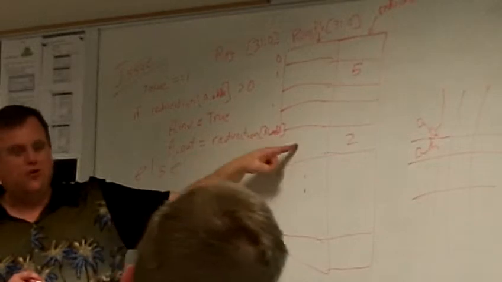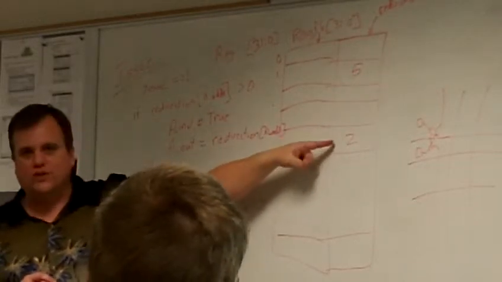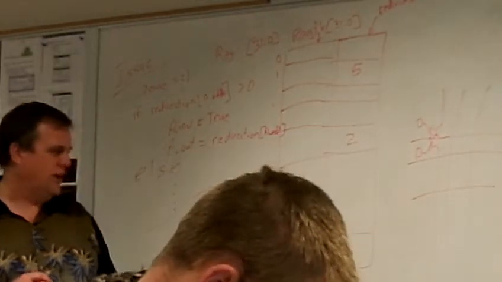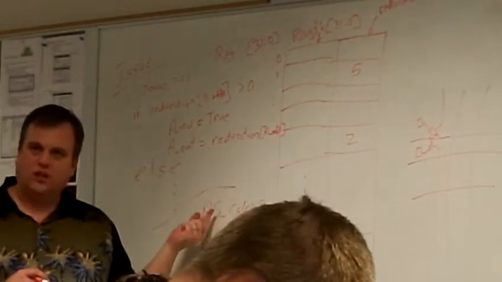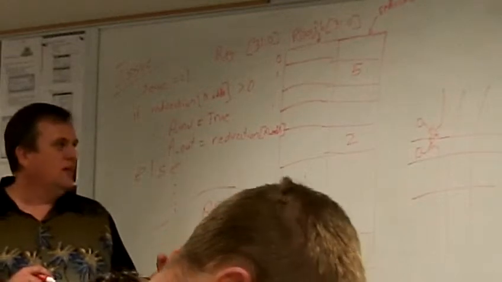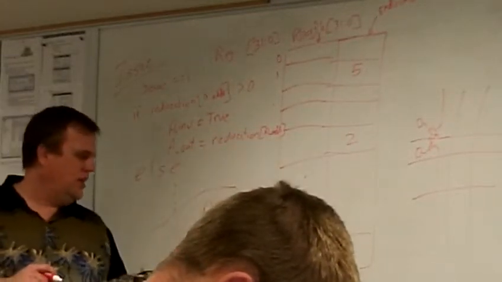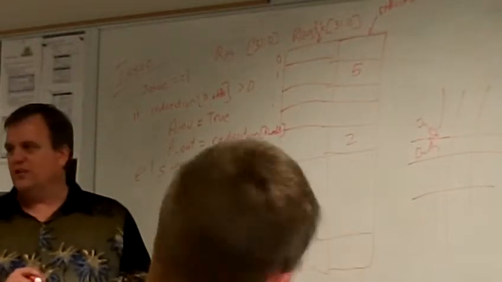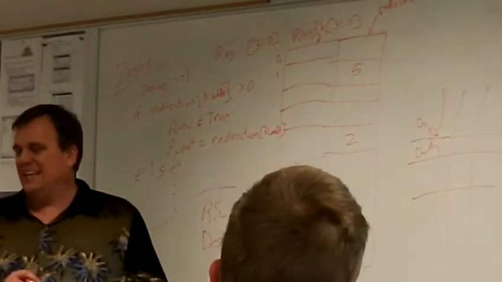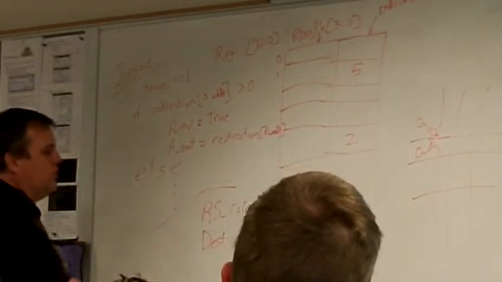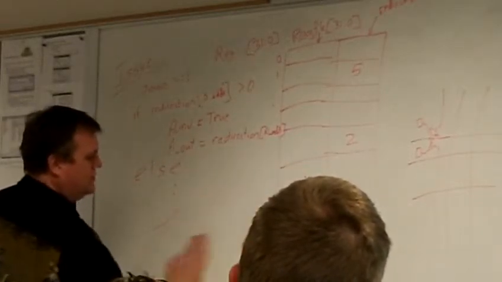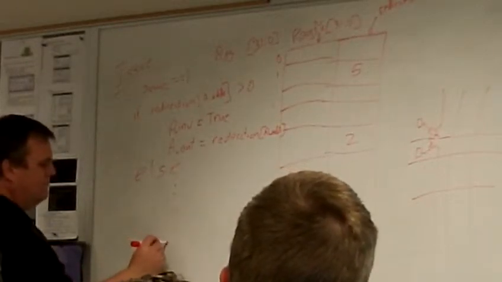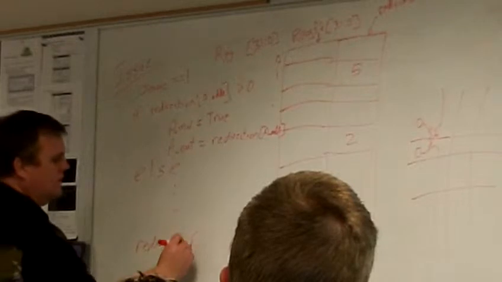Reg file holds data, redirection holds reservation station numbers. So in redirection of destination, I write the value of RS calculating. How do I say that? Pseudocode: redirection of destination equals RS calculating in source.